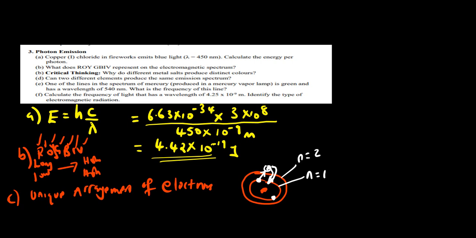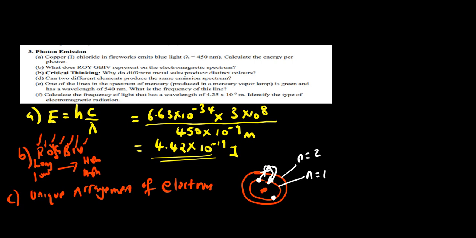The energy emitted corresponds to a specific wavelength, and different wavelengths give different colors based on the element's unique electronic structure. Copper would be something like green, barium in the lab is also like green, sodium would be something like yellow.